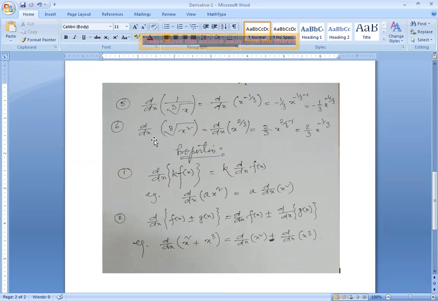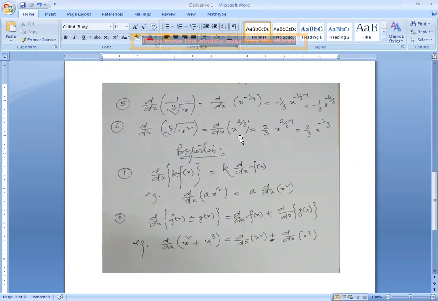Next, you will look at example number 6. d/dx of cube root of x square. Again, cube root of x square can be adjusted as x to the power 2 by 3.